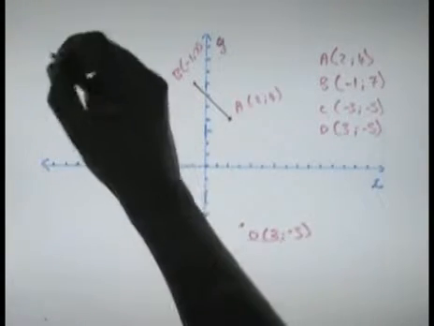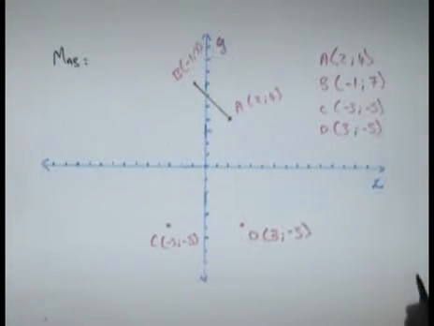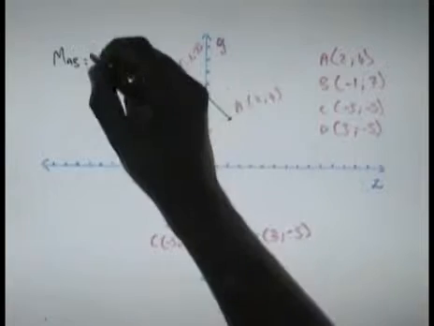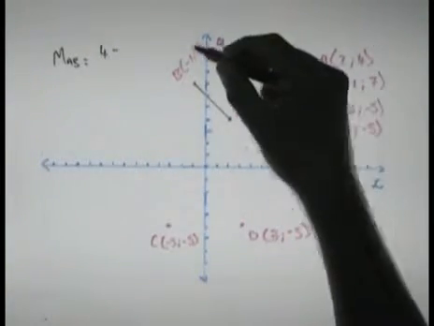Now gradient of AB, m of AB, will equal y2 minus y1, which in this case would be 4 minus 7.